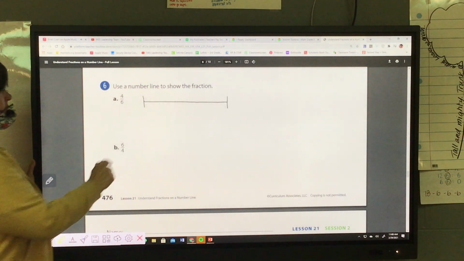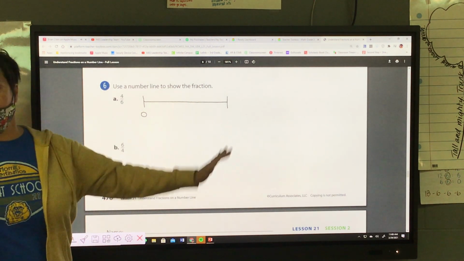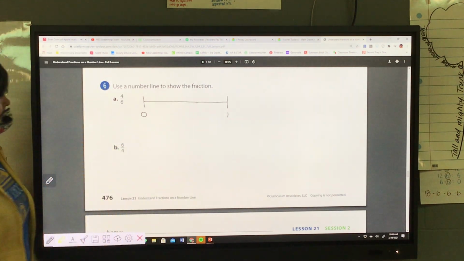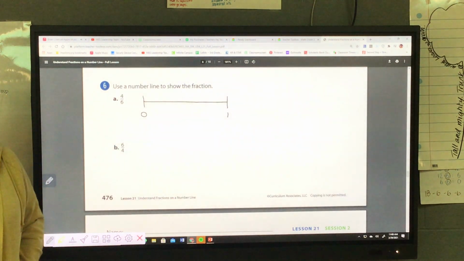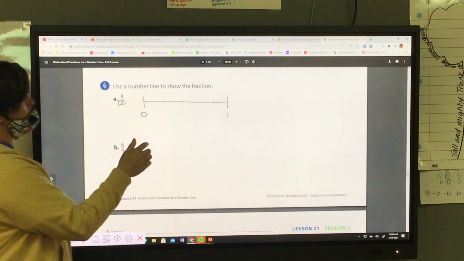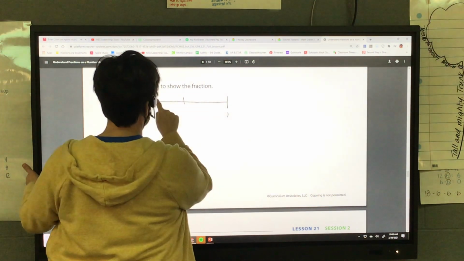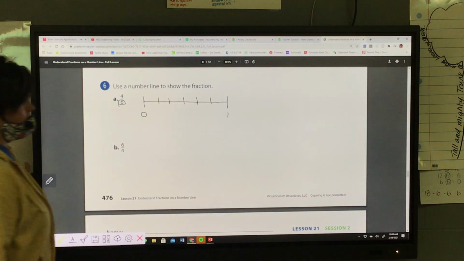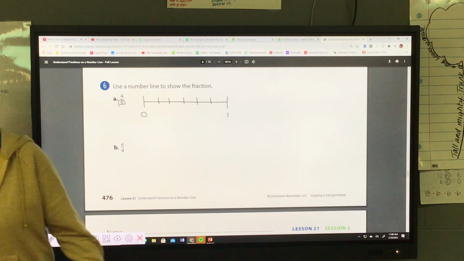So we're going to start our number line with 0, and it's going to end with 1. How many equal parts do we need to have in this number line? 6. There are 6, and that's what our denominator tells us. 6 equal parts. So split this up into 6 equal parts, as close as you can to equal parts.